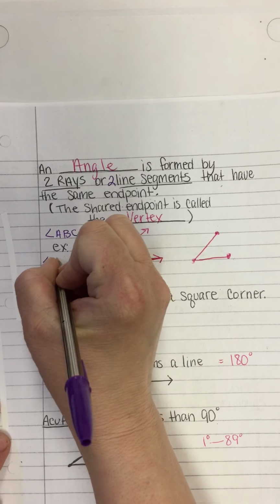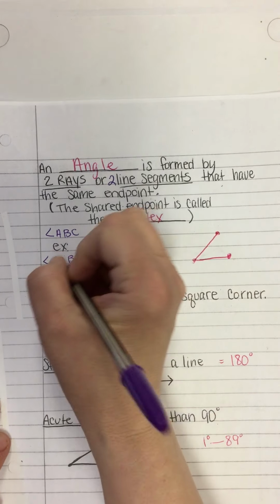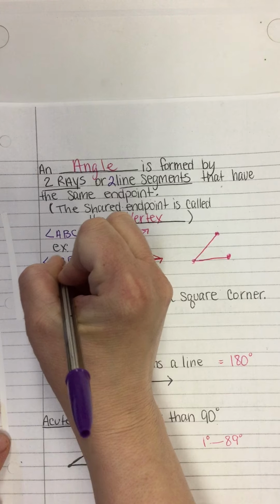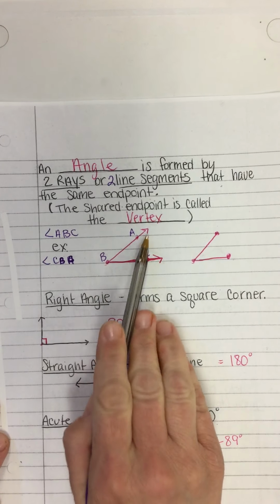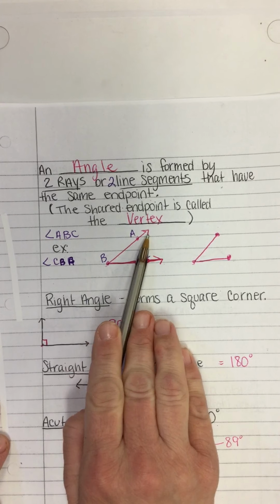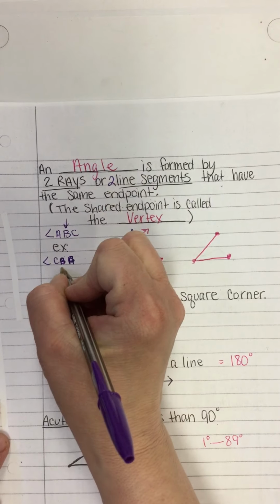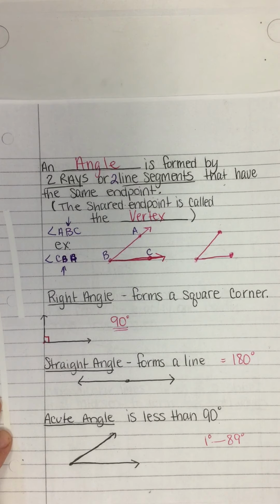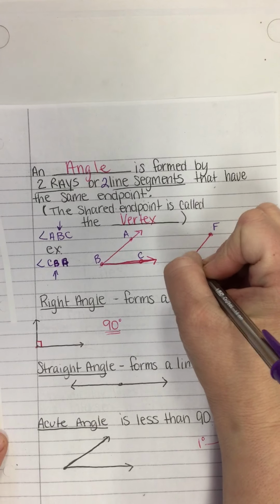It's the same letters, I just did it backwards. So ABC or CBA, as long as B is your middle, that's your vertex.